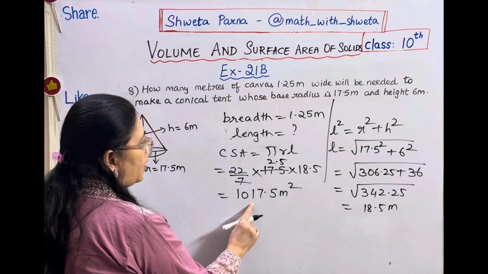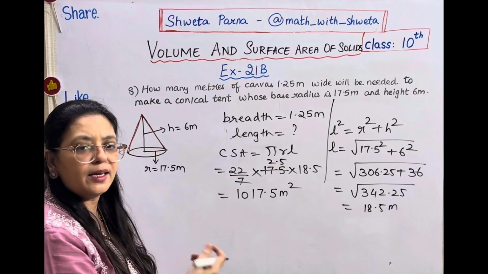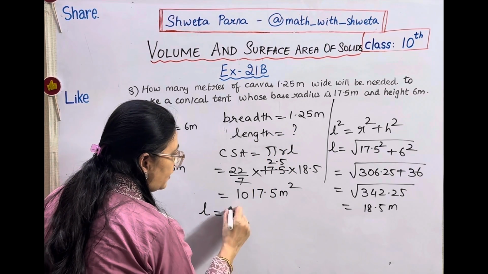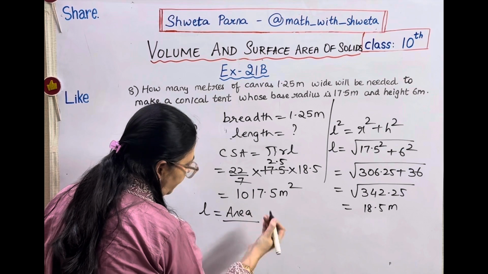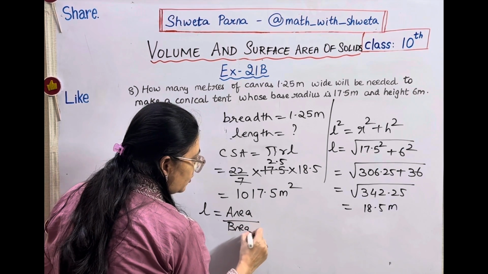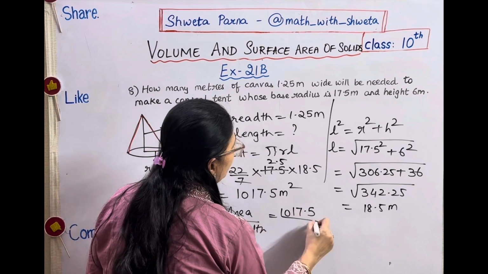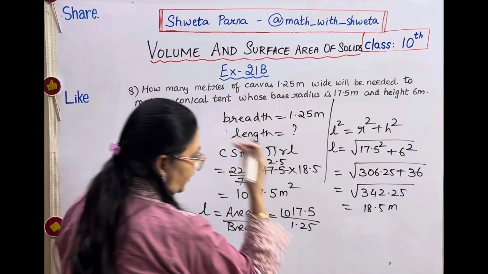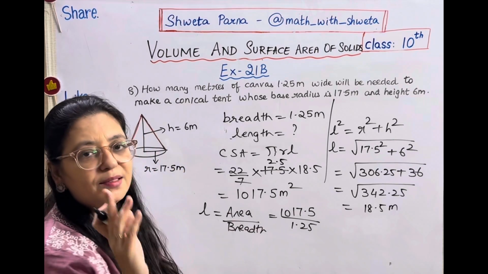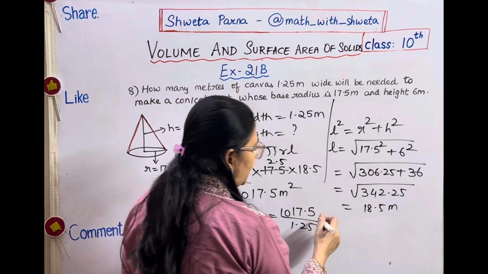Now you know the area, you know the breadth. So you can find the length. How do you find length? Length is area upon width or breadth, right? So let's find it. It is 1017.5 upon 1.25. Children, whenever there is a decimal, I have already taught you how to remove the decimal.